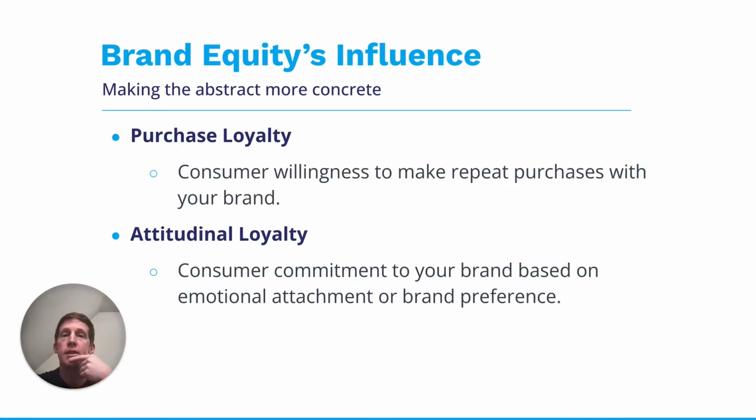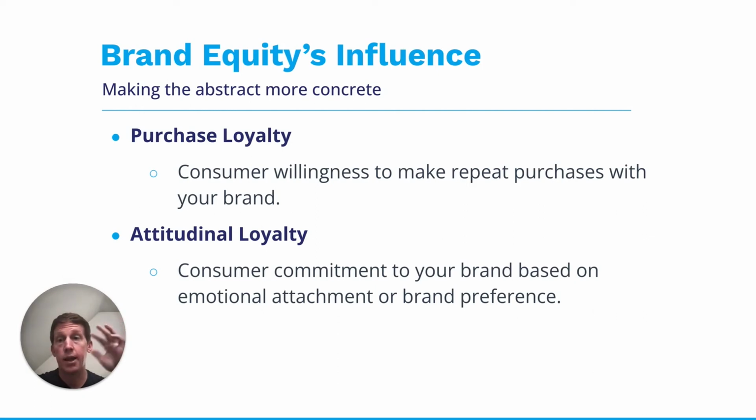Purchase loyalty is willingness to make repeat purchases with your brand. So basically people that are loyal by buying again and again. And attitudinal loyalty is the commitment to your brand based on emotional attachment or brand preference. A really good example here for attitudinal loyalty is sports teams, since they are businesses.